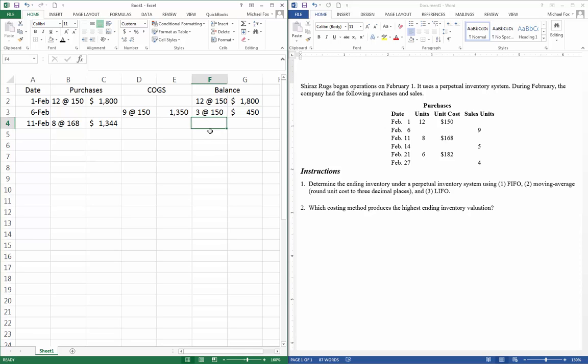So now our balance is going to include 3 units that we paid $150 for and 8 units that we paid $168 for. If we want, we can even do a little subtotal here. So as of February 11th, our balance is $1,794.